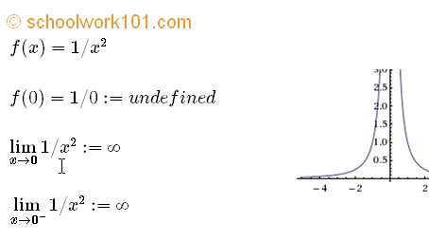Well, this limit technically does not exist either, but the reason I've got infinity written right here is because it's coming in from the left and from the right, and they're both going to infinity. In the previous problem it was going to, I believe, negative infinity and positive infinity, and you can't really write both of those at the same time. So I just labeled it as D and E.